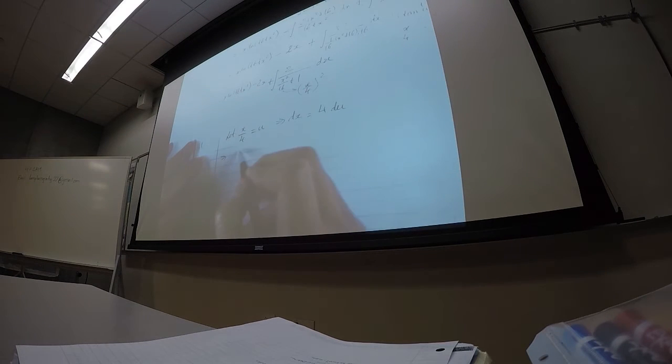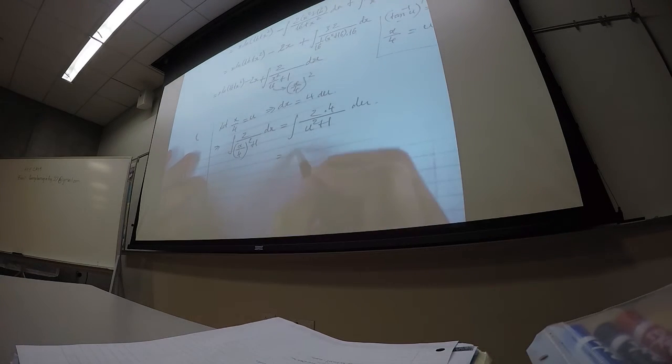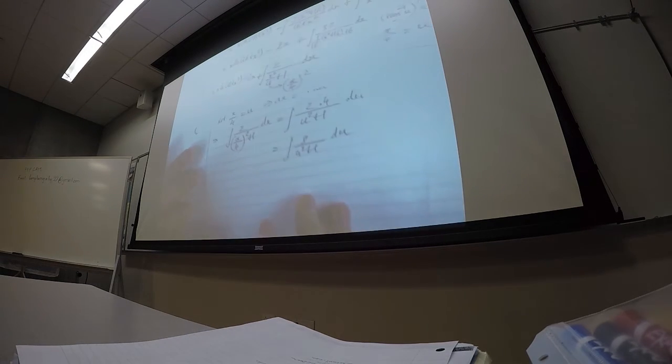So therefore, the integral of 2 over x over 4 squared plus 1 dx equals 2 over u squared plus 1 times 4 du, right? That equals 8 over u squared plus 1 du, right?